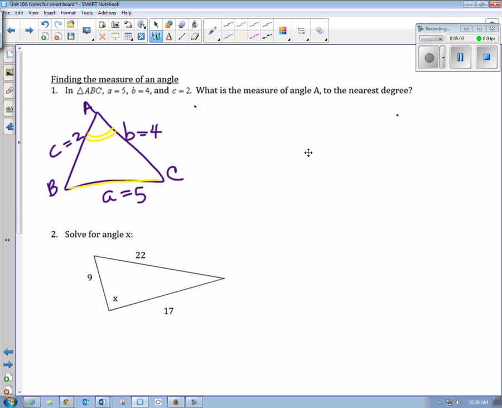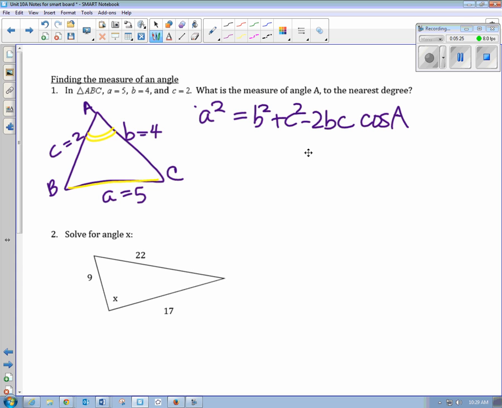So I am using an a squared over here equals, and then I have to use the other side lengths on the right-hand side. So this is going to be b squared plus c squared minus 2bc times the cosine of angle A. So I interchange the letters so that the a's are the bookends.